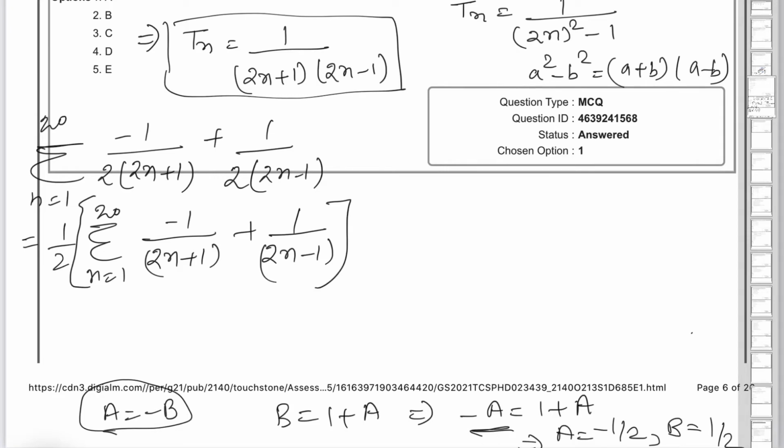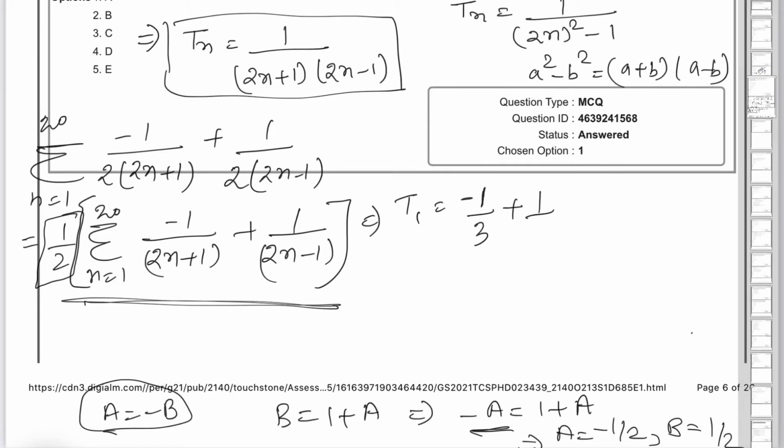So the first term can be written as, don't look at this, actually this part will be common in every term, so just observe this term only. So t1 will be minus 1 upon 3 plus 1 upon 1, right? t2 will be minus 1 upon 5 plus 1 upon 3.